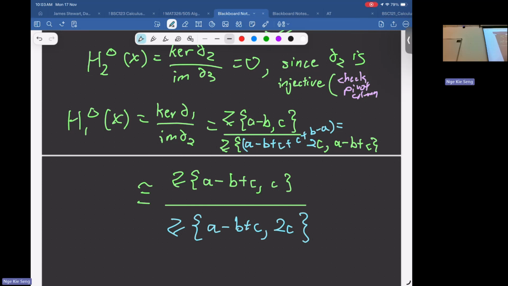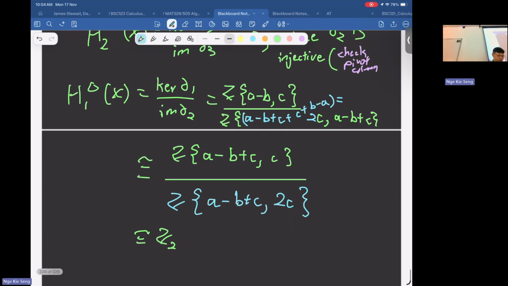If you quotient by this, every two elements in the numerator will be equal up to an element in the denominator. So a multiple of A minus B plus C is always 0, and a multiple of 2C is 0. So in this case what you get is Z mod 2.